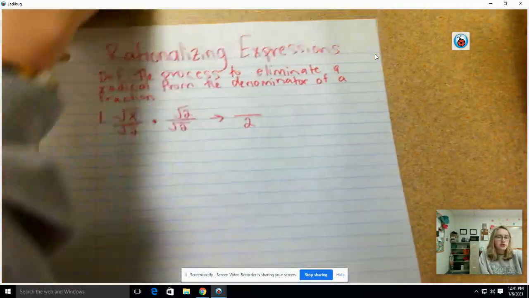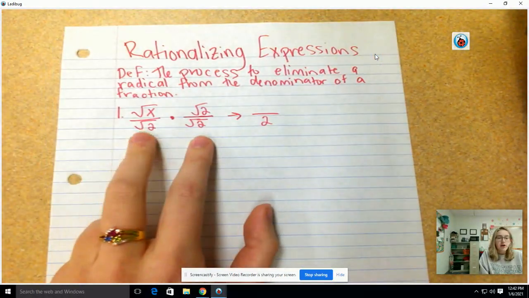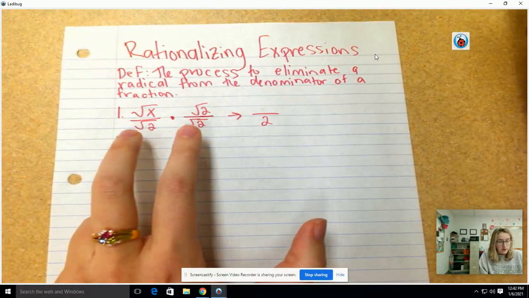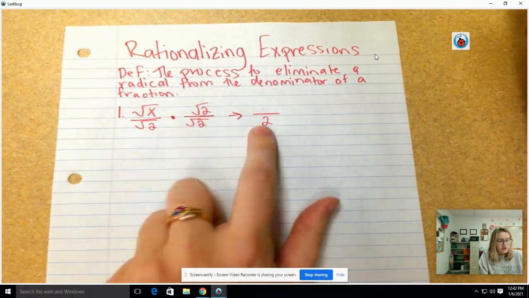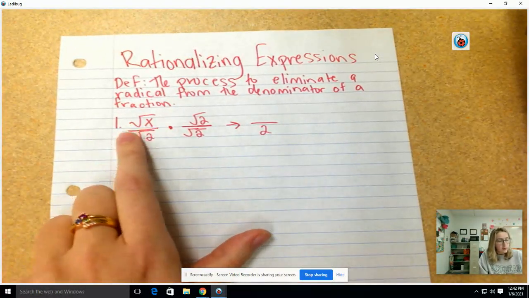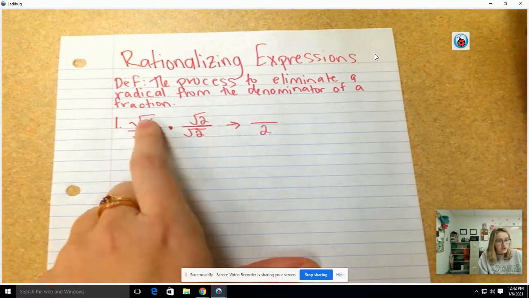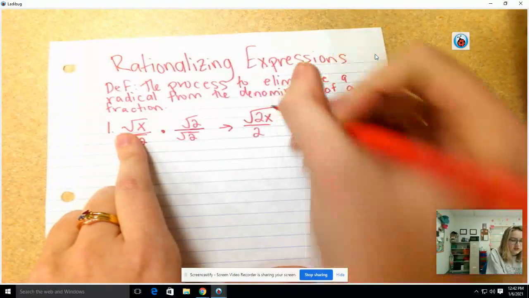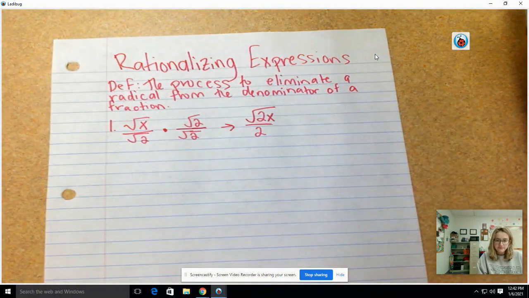So when you're multiplying 2 square roots, if they have the same radicand, so if the thing inside the radical is the same, you're just left with what was inside. And then going back to what we did the other day, when we multiply radicals that are different, you can just multiply them together. So that's going to give us radical 2x. So that's not too bad.